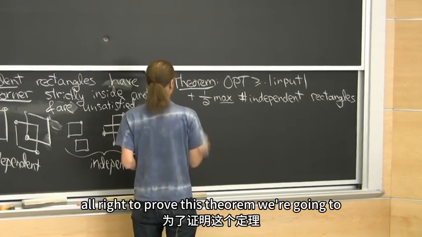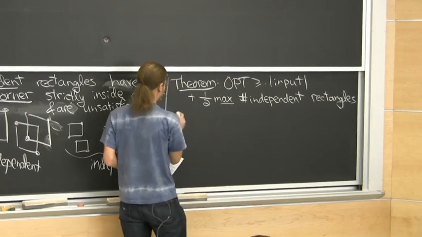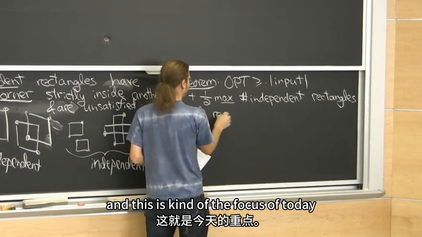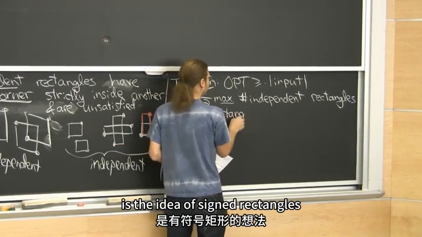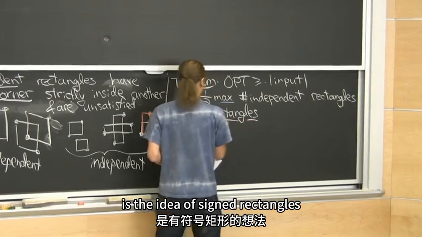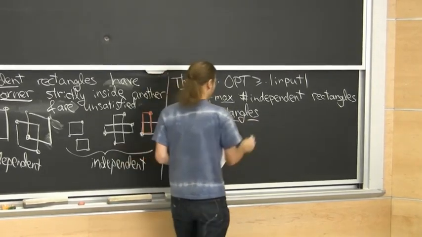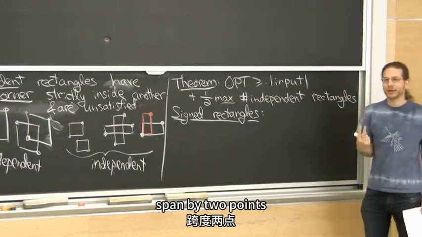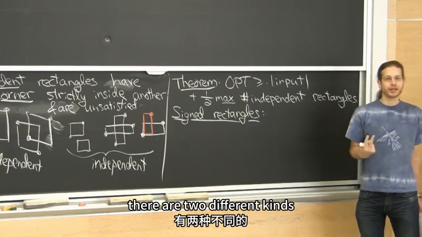All right, to prove this theorem, we're going to change it a little bit first, and this is kind of the focus of today, the idea of signed rectangles. If you look at the rectangles in the world spanned by 2 points, there are 2 different kinds.